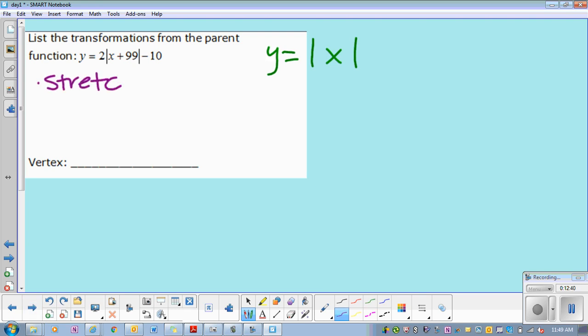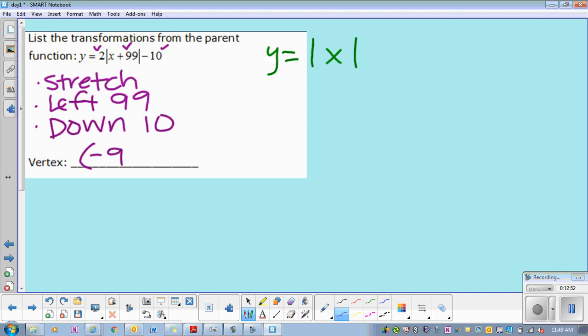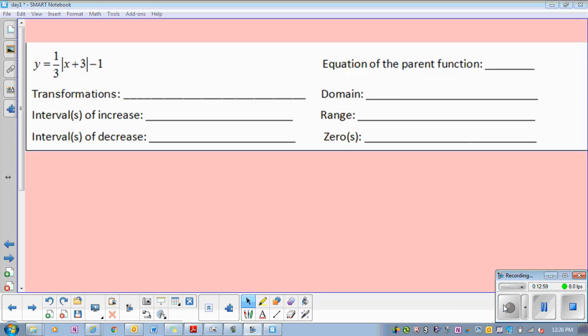Stretch. What else? Good. Left 99. Thank you. And down 10. Guys, what is my vertex for this? Negative 99, negative 10. Great. And we'll stop.